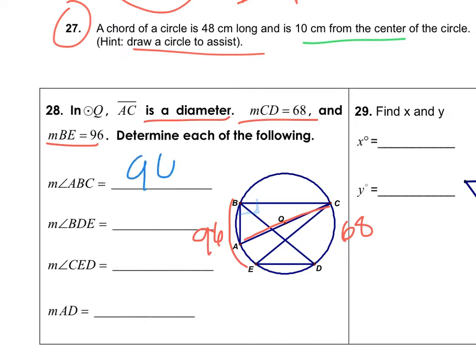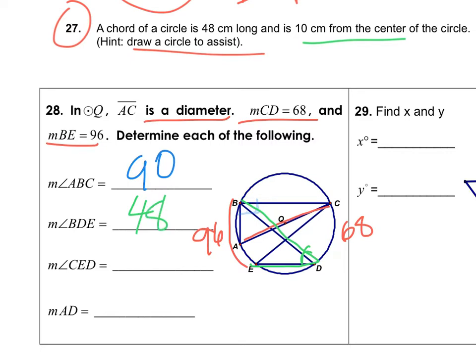We should be done with that. Now, then they ask us to look at angle BDE. So maybe tracing the angle and then finding that vertex and then seeing the intercepted arc with that. So now I can see the 96 is corresponding with that angle. And so it's just half that size. So that's going to be 48.